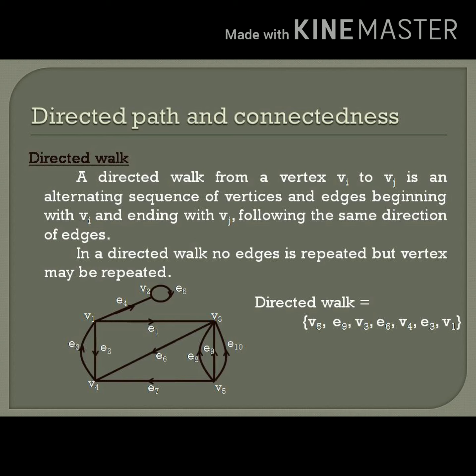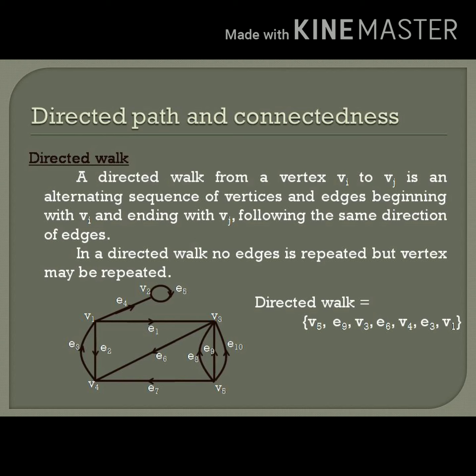It starts with one vertex Vi and ends at another vertex Vj, and it must be in the same direction. In a directed walk, no edge is repeated, but a vertex may be repeated. So you can visit the same vertex more than one time, but no edge is repeated.